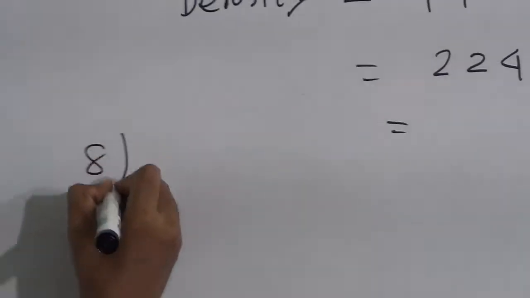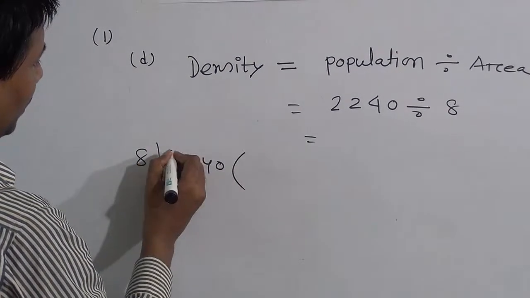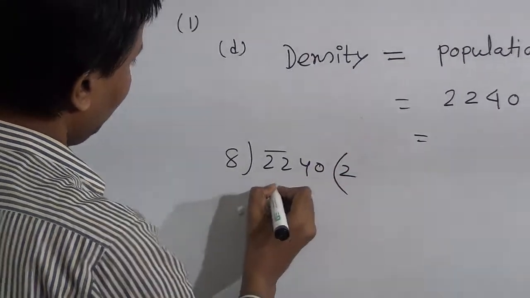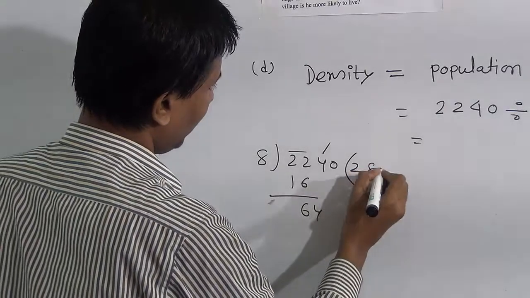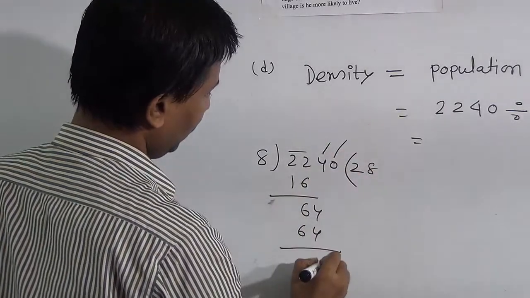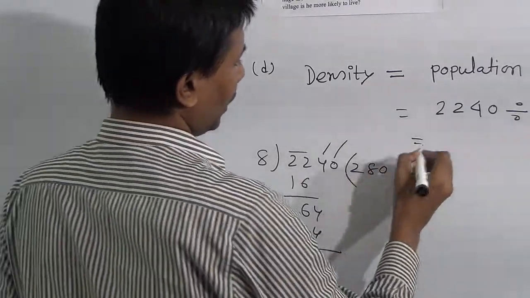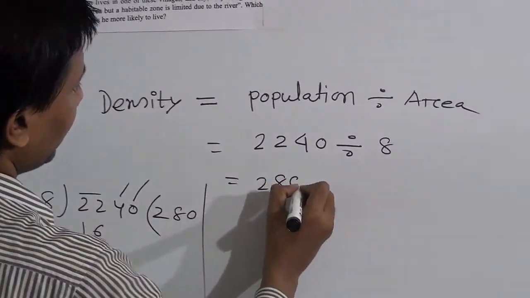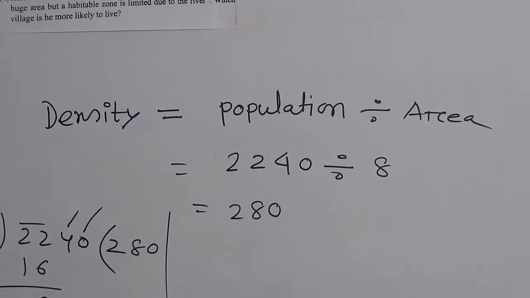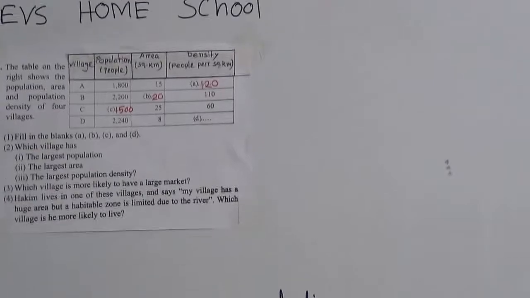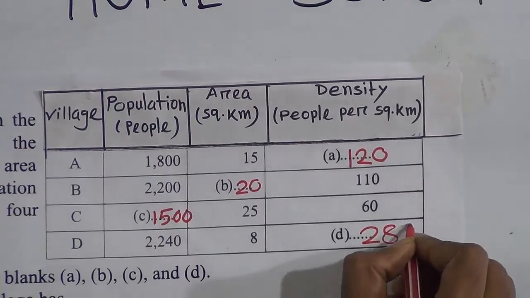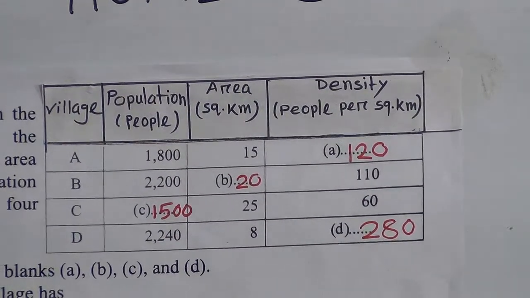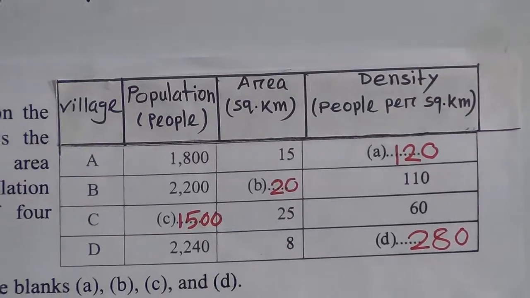Now divide 2240 by 8. 8 twos are 16. Now subtract. 8 eights are 64. 0, 0. That means we have got 280 people per square kilometer. I hope you understood.